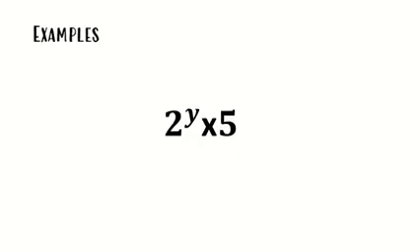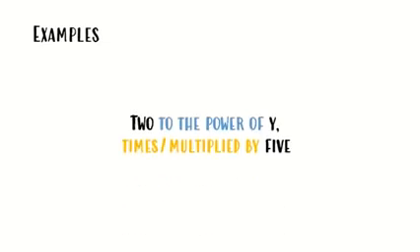Okay, this one. Have a go. Okay, let's give it a shot. 2 to the power of y times or multiplied by 5. So you can see 2 to the power of y times or multiplied by 5. Easy.